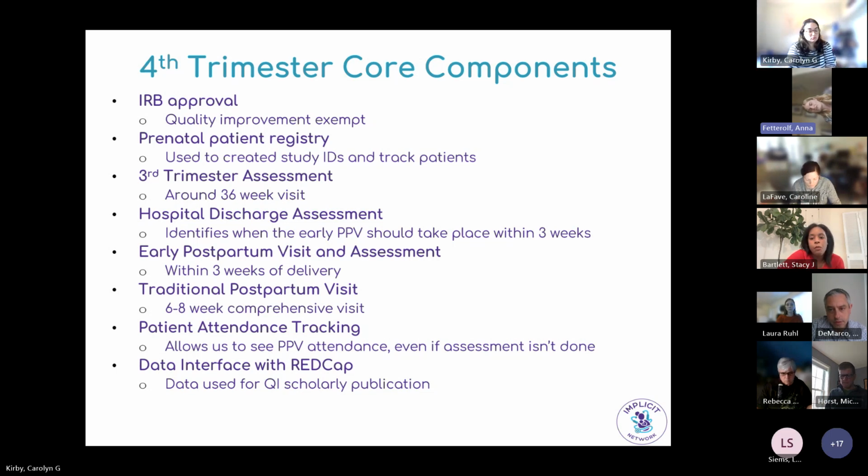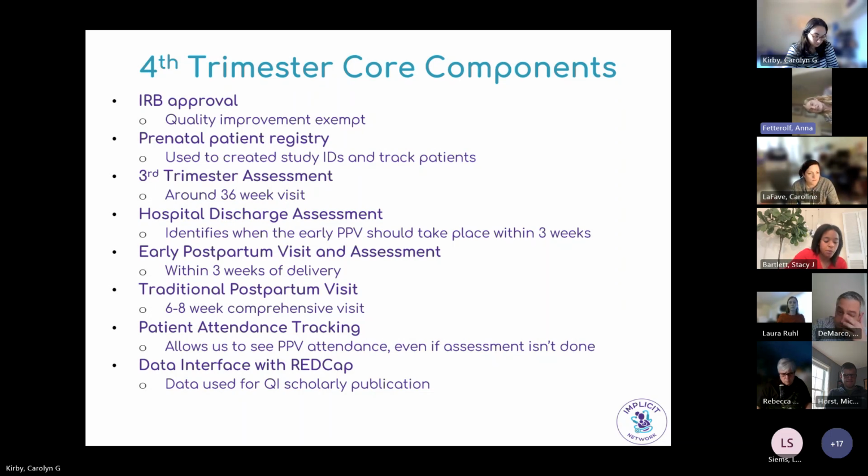But part of our fourth trimester model also wants to make sure that not only are we bringing patients in for an early postpartum visit, but that they still attend a traditional postpartum visit, which is more of that comprehensive visit.